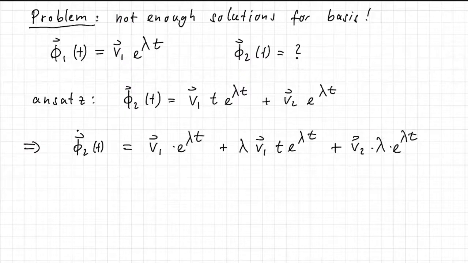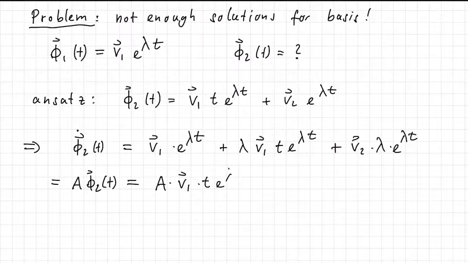And since this should fulfill the differential equation, this should be equal to A times phi 2 of t, which plugging in the definition of the ansatz, we get A times v1 times t e to the lambda t plus A v2 e to the lambda t.